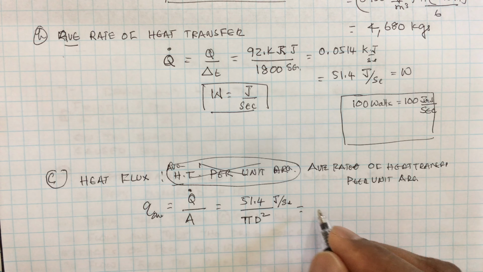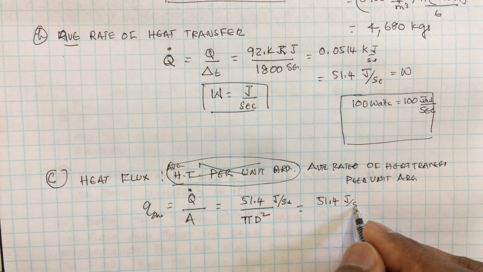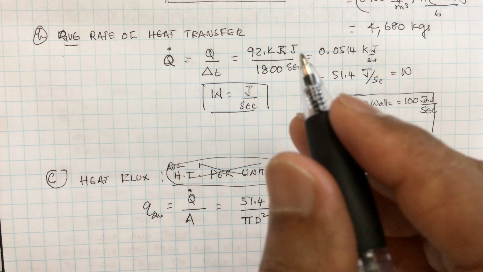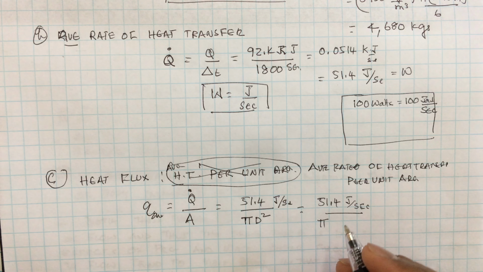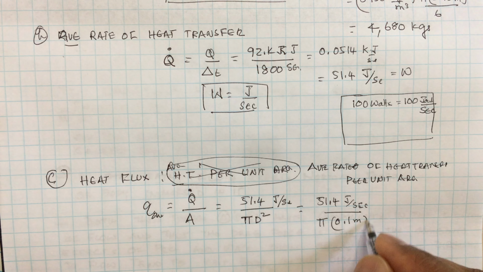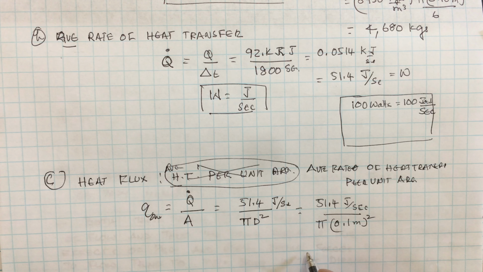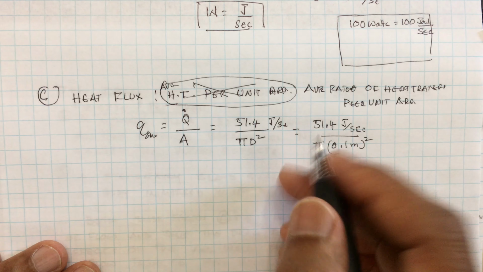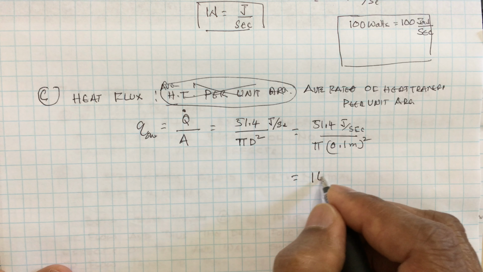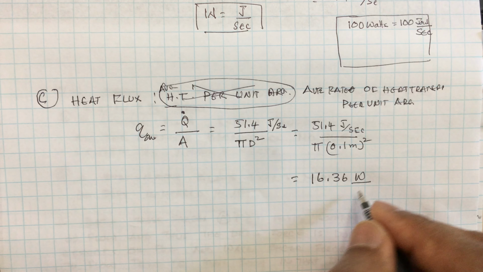So you plug in those values: 51.4 joules per second divided by pi times the diameter, which is 0.1 meter, squared. If you solve this, you come up with 16.36 watts per meter squared.